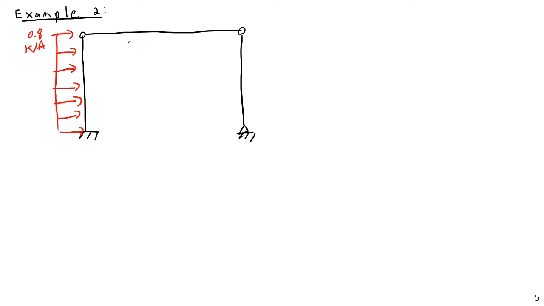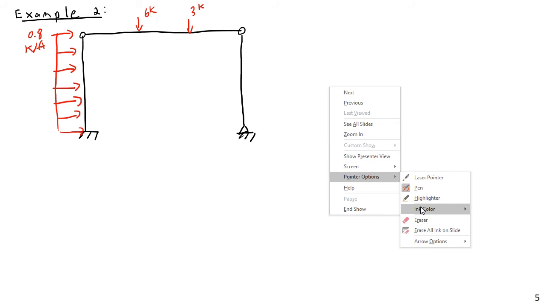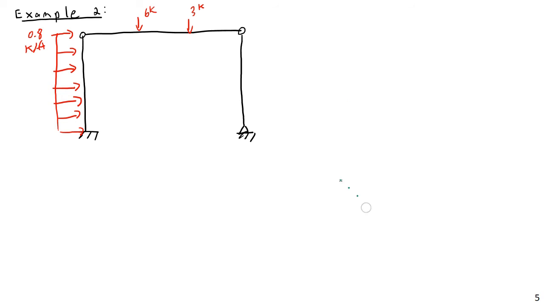And then 2 point loads of 6 kips and 3 kips. All right, so we have this, let's see, that's going to be 8 feet, 8 feet, and 8 feet.